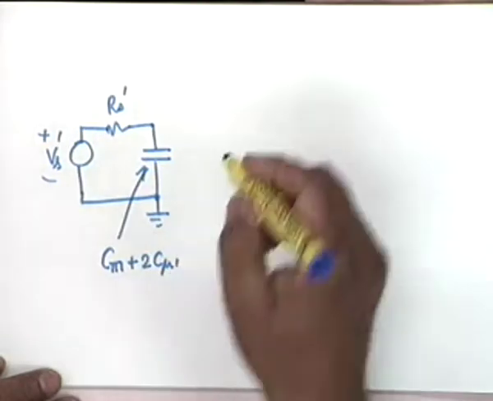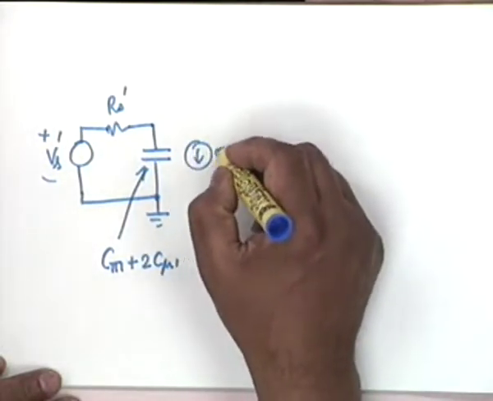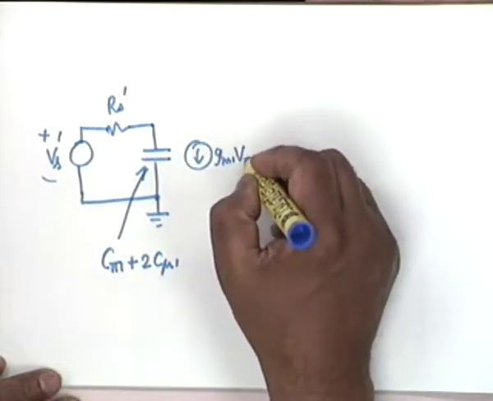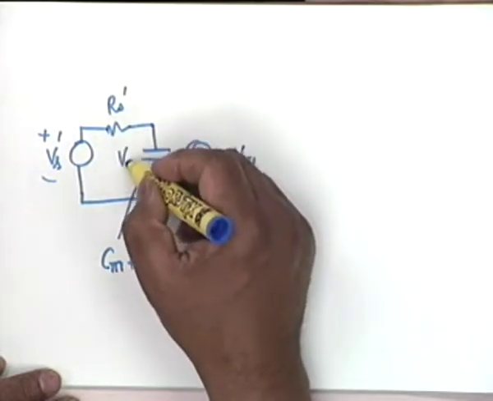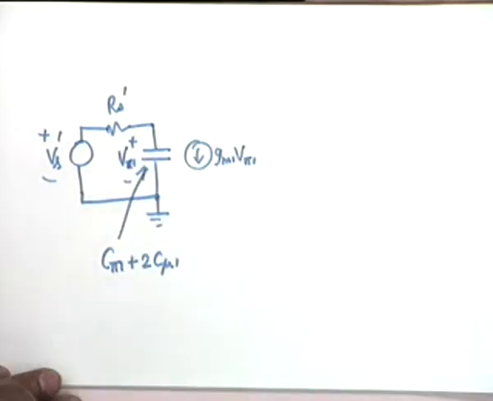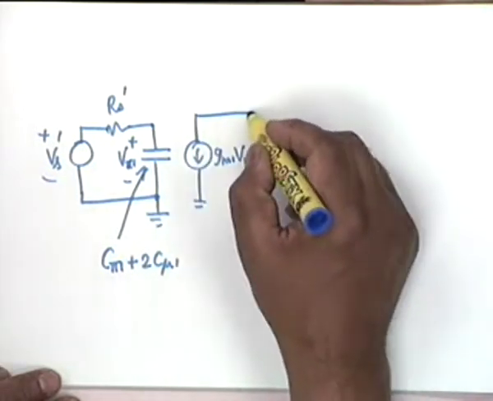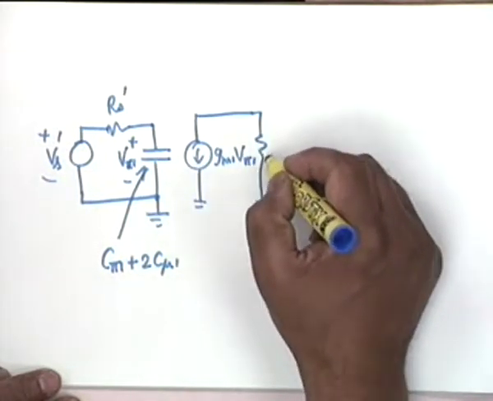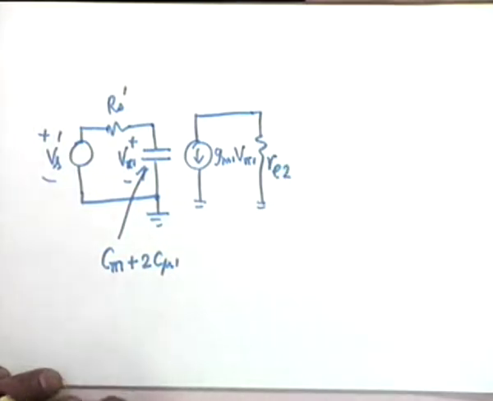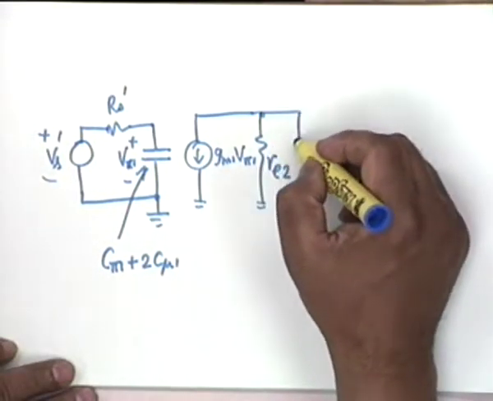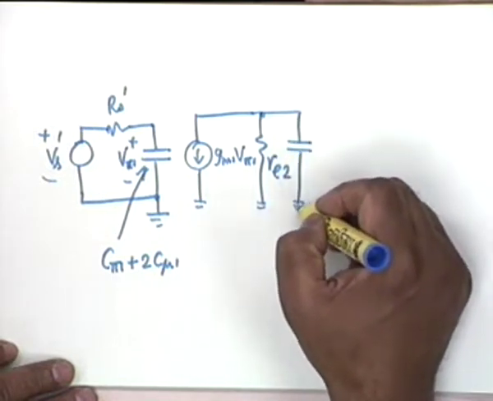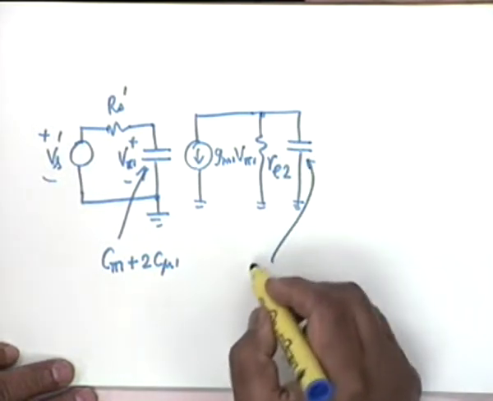Agree? Then we have GM1 V pi 1, this would be V pi 1, GM1 V pi 1, and this would be in parallel with RE2, which is approximately 1 by GM2, multiplied by the capacitance, which would now be how much?